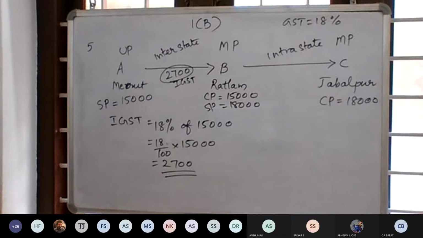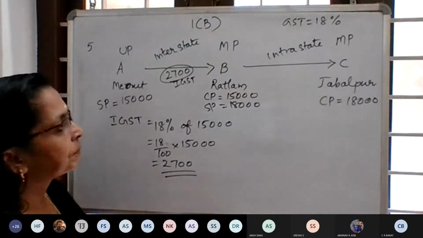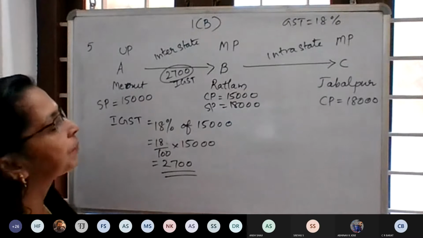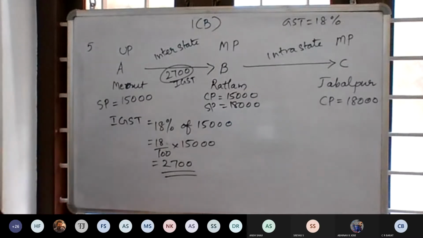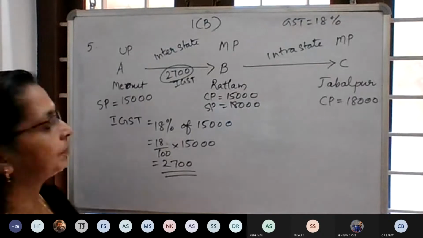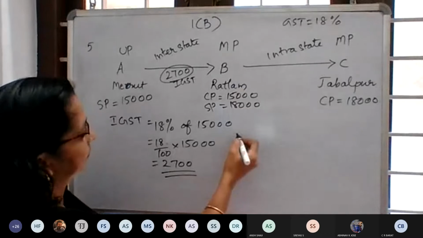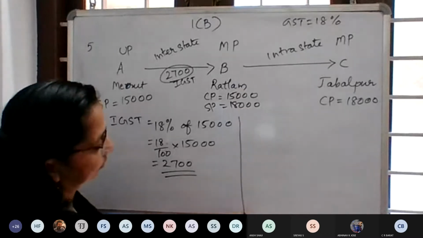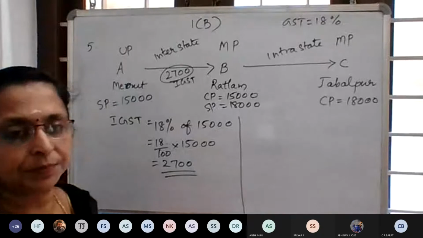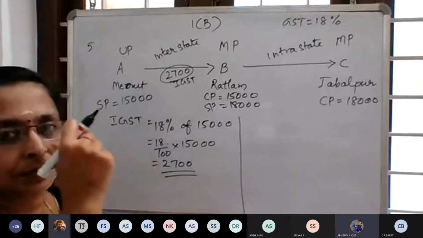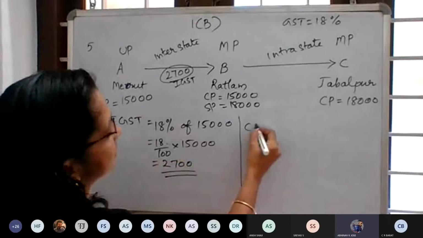Same case. Since the transaction from B to C is an intrastate transaction, given GST is 18%, we can write 9% CGST.